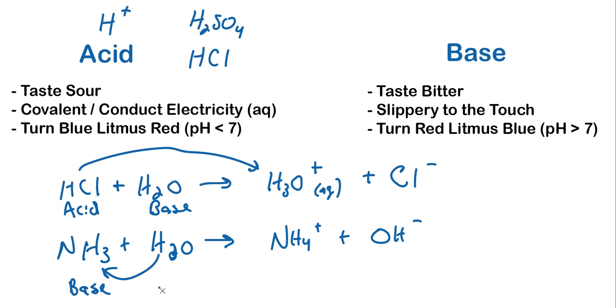Water ends up donating the hydrogen ion, so it becomes an acid. So water can act as either an acid or a base. That is called amphiprotic. It can be either an acid or a base. So to identify an acid and a base in a reaction, we just need to see where the hydrogen ions go.